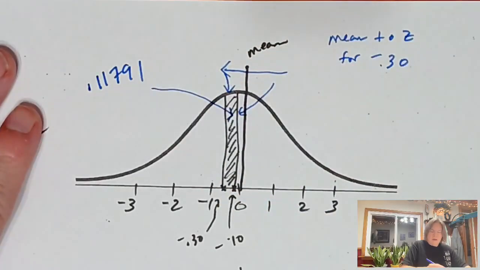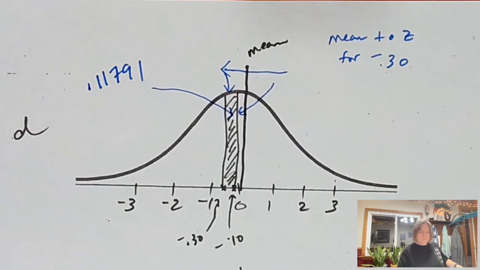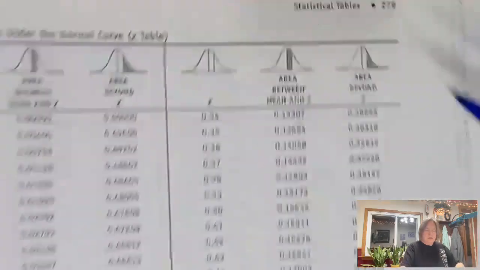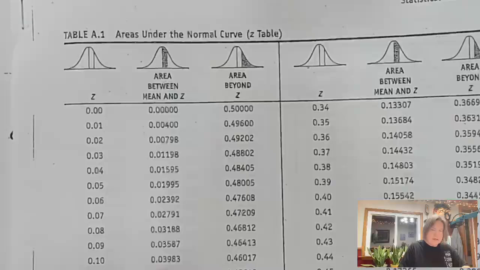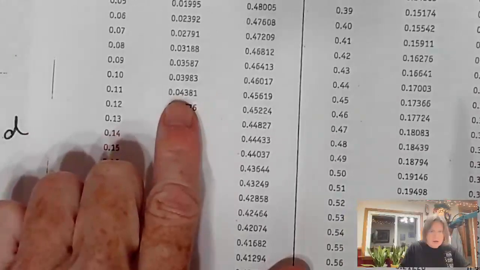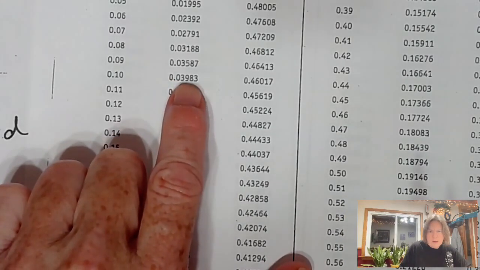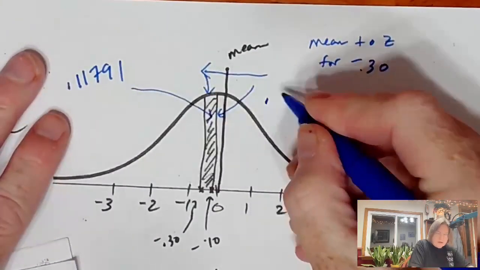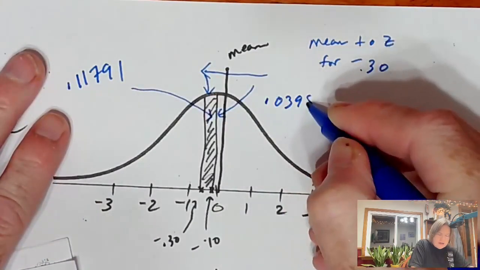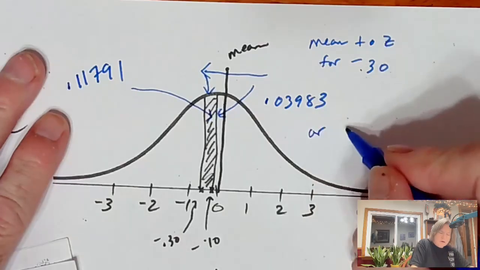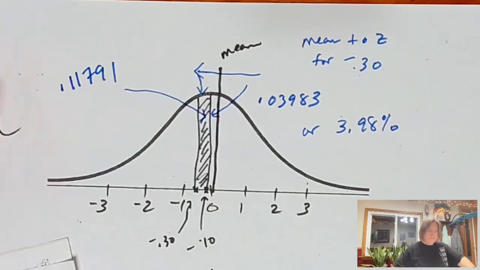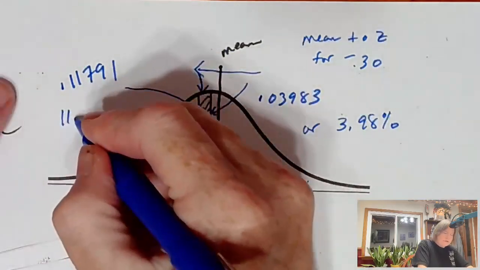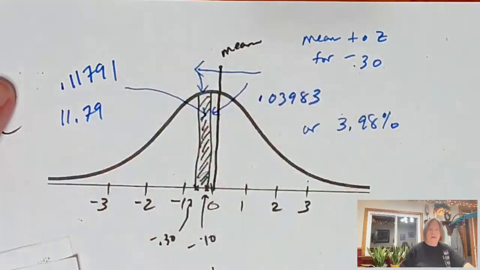Then this space here is between the mean and 0.1, and that is 0.03983, or 3.98%. And this is 11.79%.